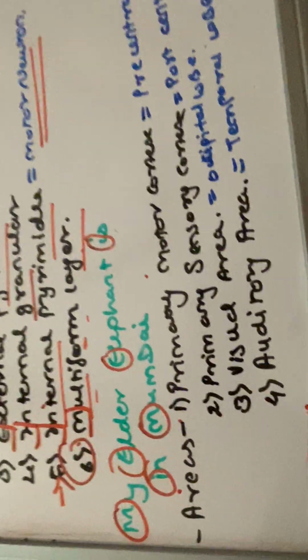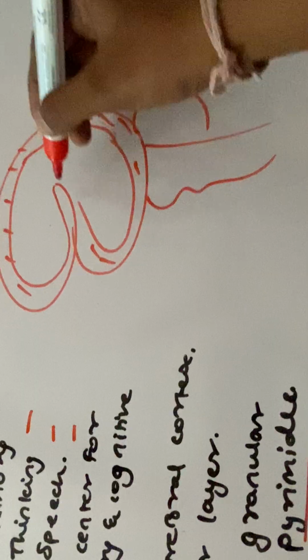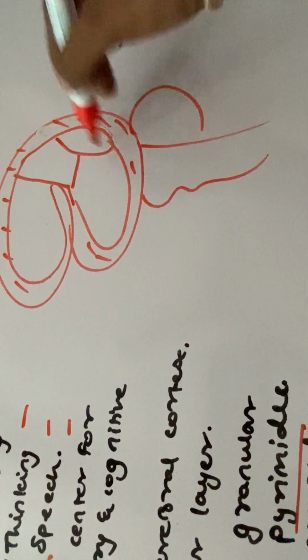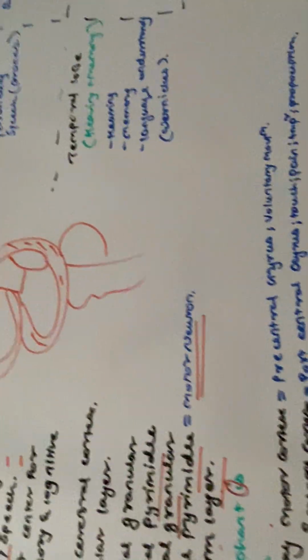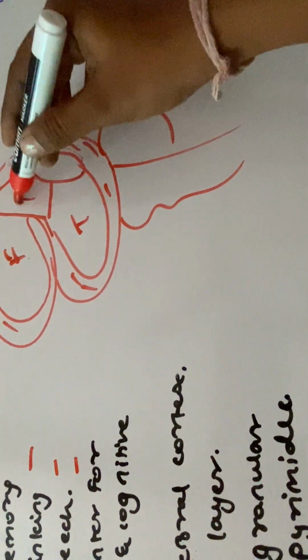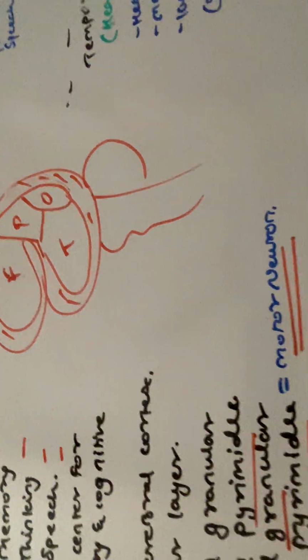How many areas the cerebral cortex has? So cerebral cortex is divided into 4 areas, where frontal, temporal, parietal, occipital.